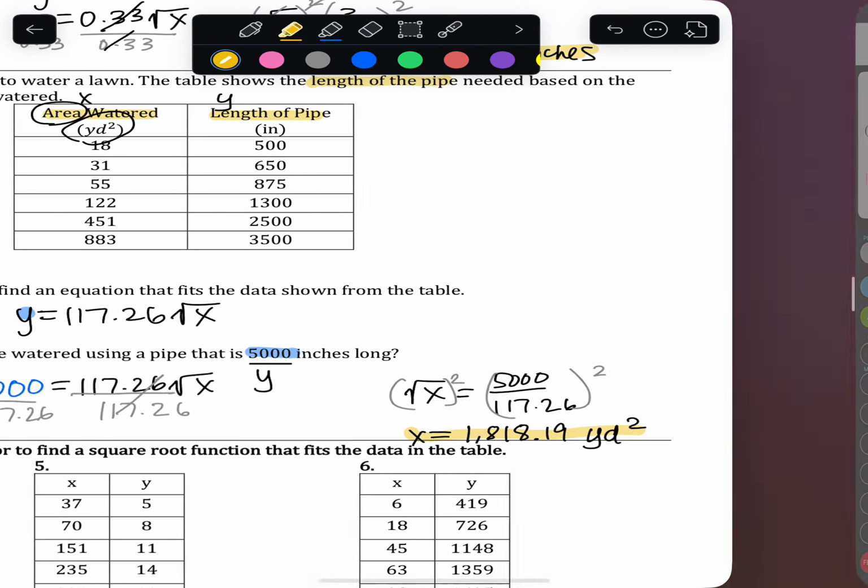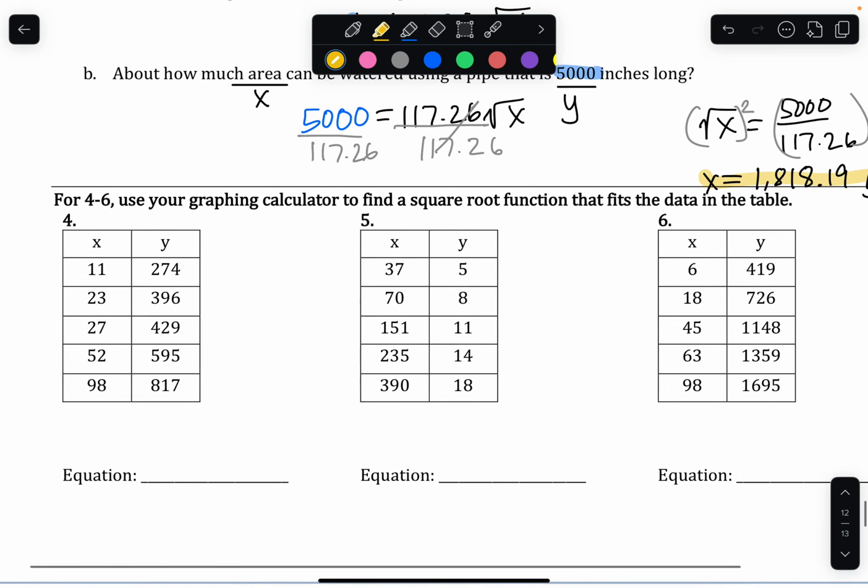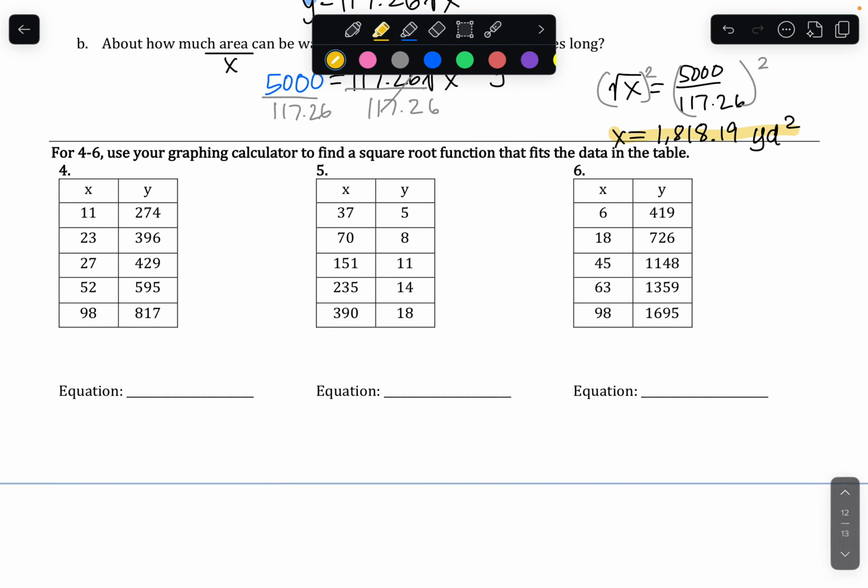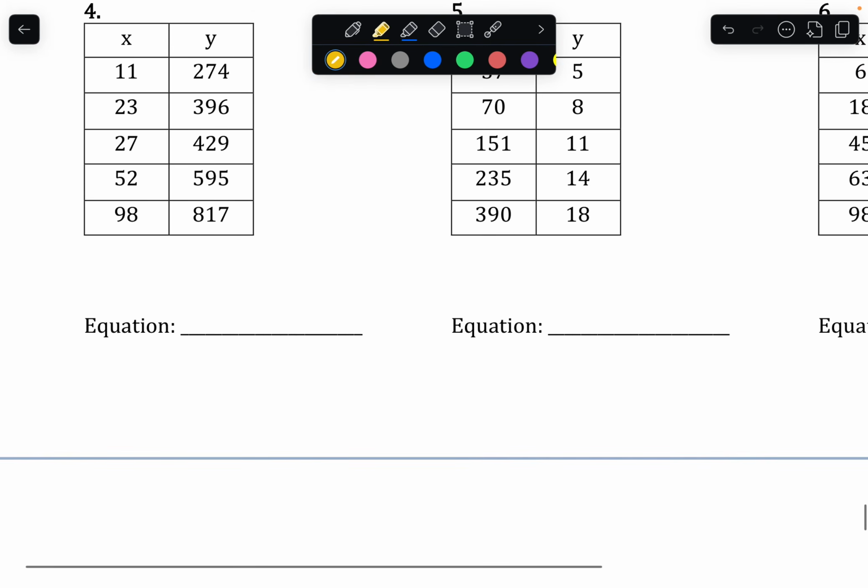Okay, so for these last ones, you are just practicing typing them in the calculator. And so if you do it correctly, for this first one, you should get y equals 82.71 square root of x.